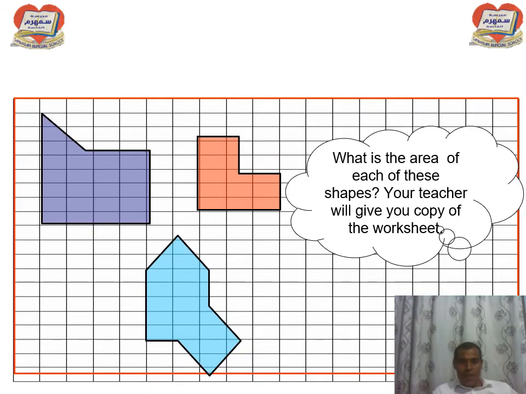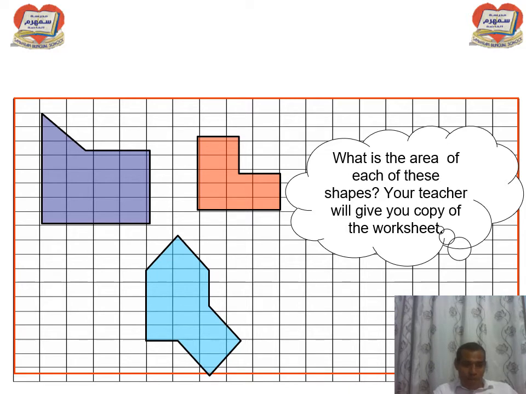Okay, so here the question is, what is the area of each of these shapes? Your teacher will give you a copy of this worksheet. This worksheet, my learners, we did it before yesterday in your classroom, girls and boys. Okay, here we'll try to count. The question is about the area. Just count the squares inside each shape.